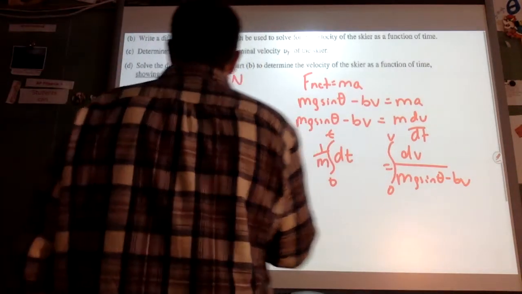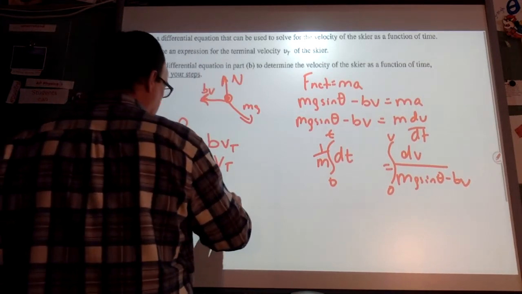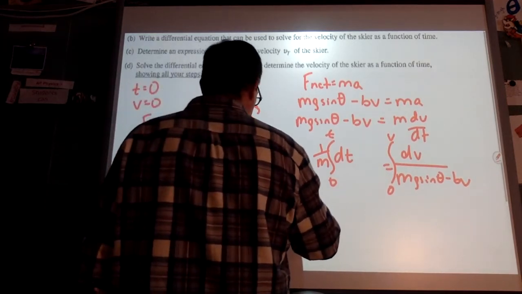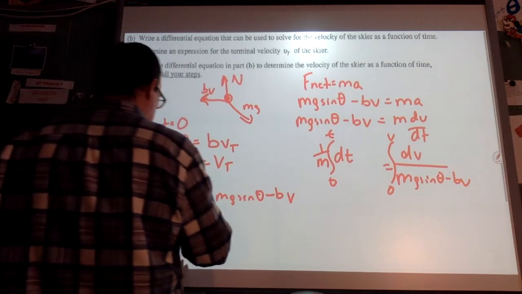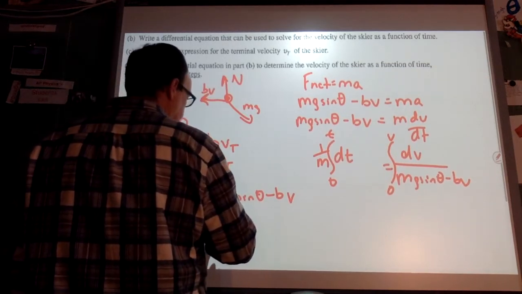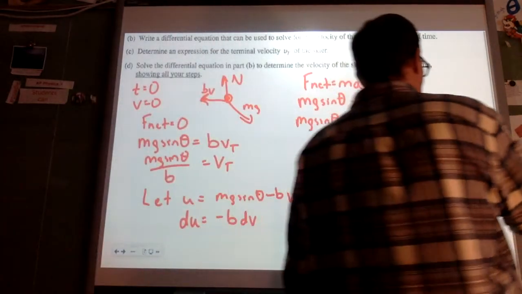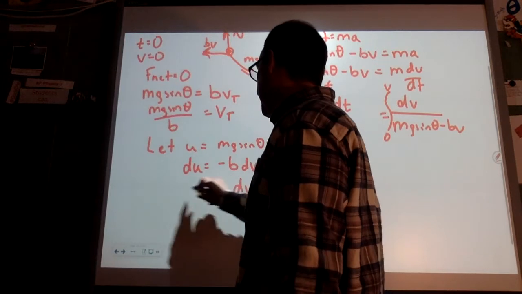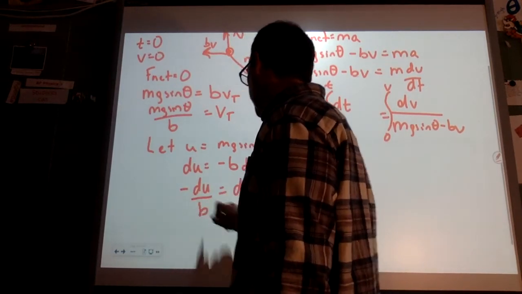All right, so I'm going to let u equal mg sine of theta minus bv. And so that's going to mean that du is going to be equal to minus b dv. And so dv would be equal to minus du over b.